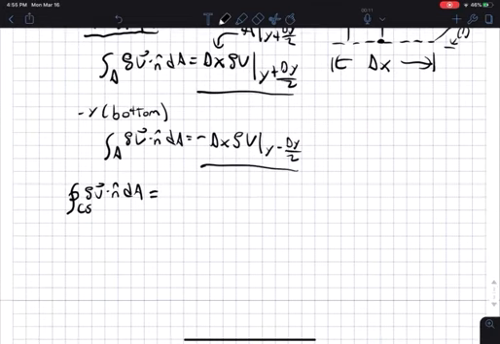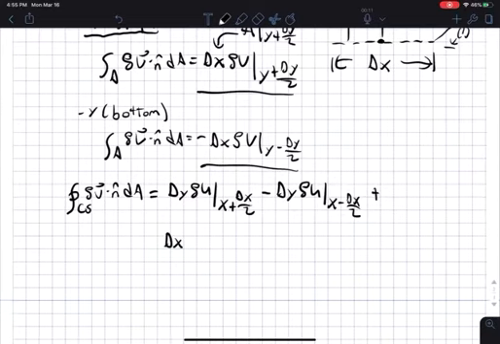And so this will equal the contribution from the right face, so that's delta y times rho u at x plus delta x over 2, plus the contribution from the left face, which will be minus delta y rho u at x minus delta x over 2, plus the contribution from the top, so that's plus delta x rho v at y plus delta y over 2, plus the contribution from the bottom face, so that's minus delta x rho v at y minus delta y over 2. So all this is saying is that we're going to approximate these integrals as just the face area times the quantity rho u, or rho v, evaluated at the midpoint.